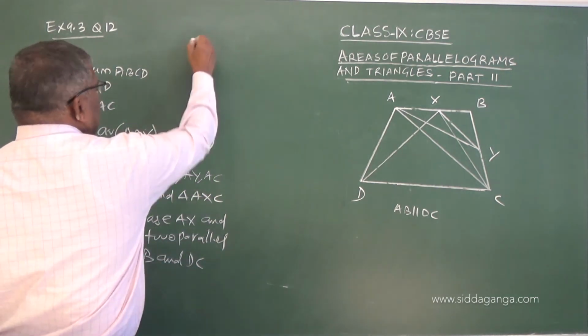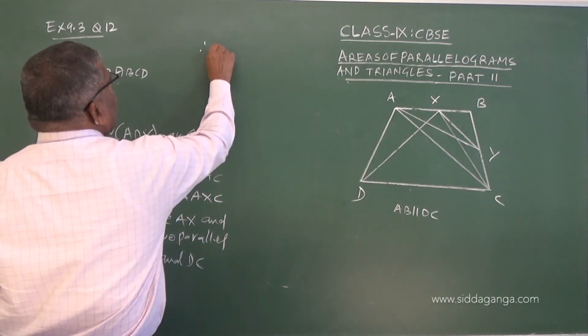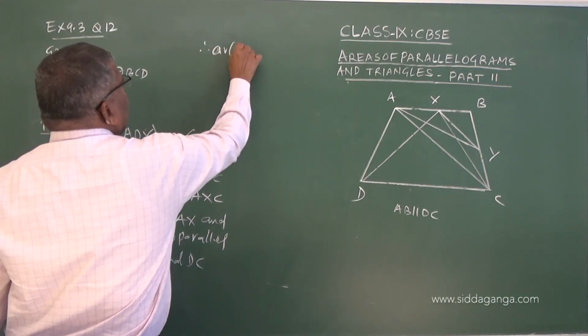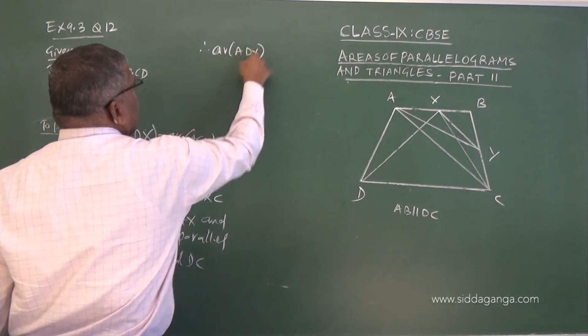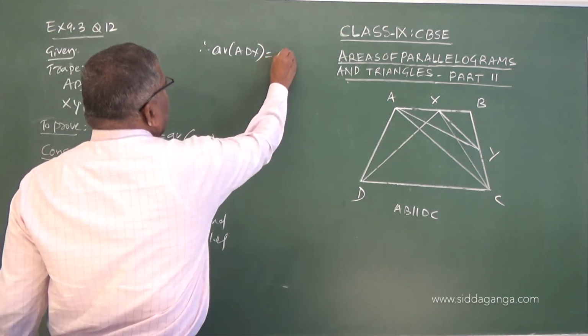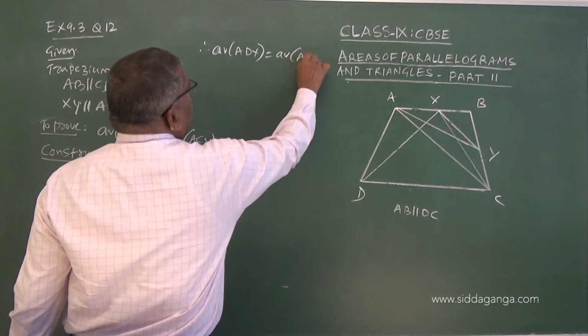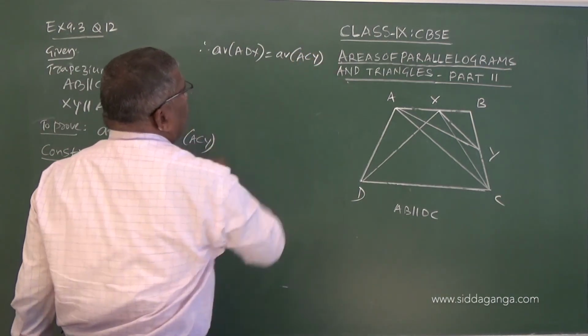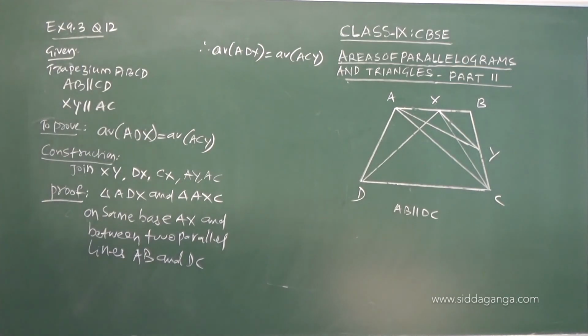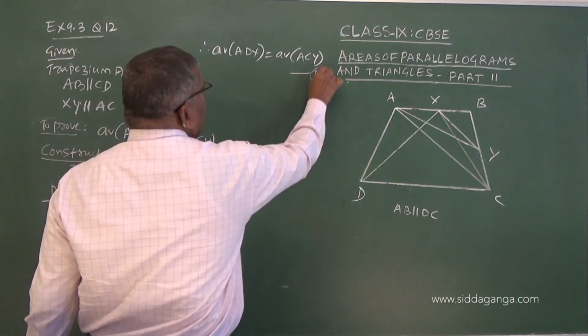Therefore I can write area ADX is equal to area AXC. So this is first step. So you can call this as equation 1.